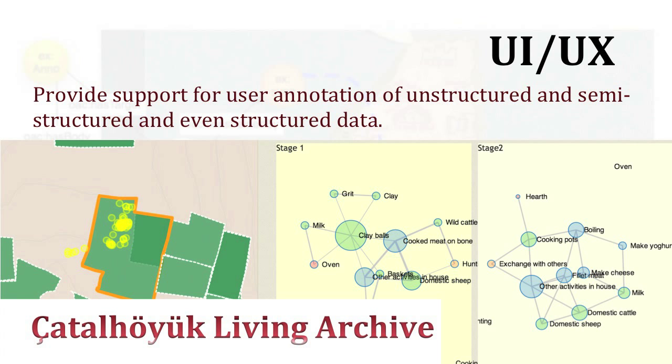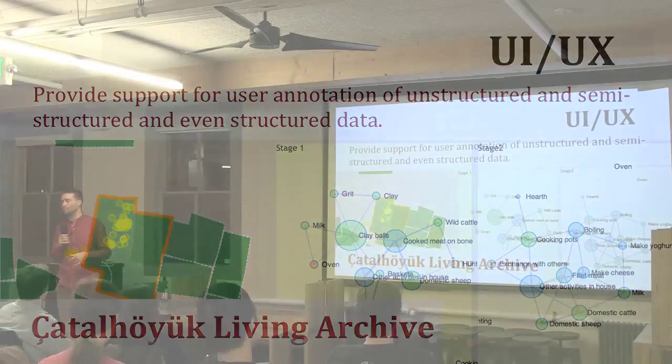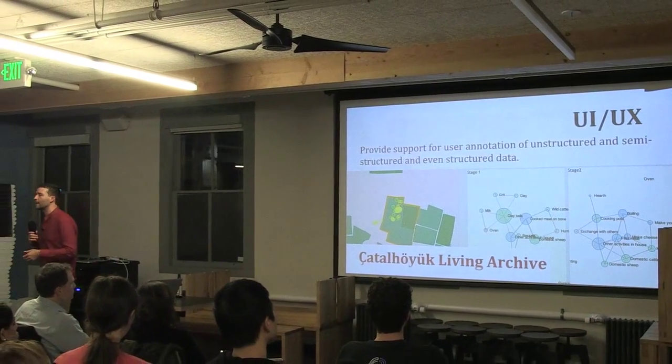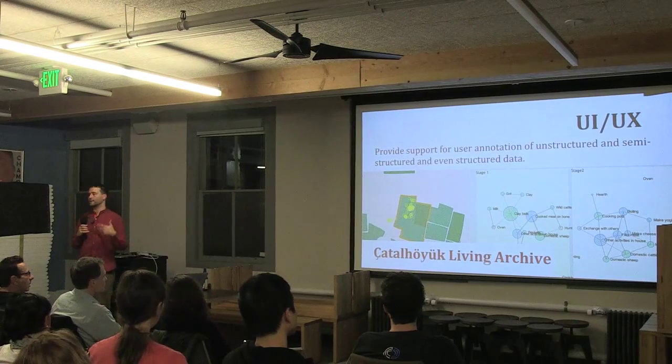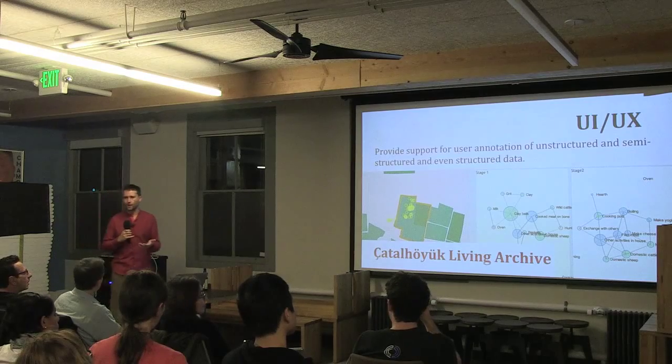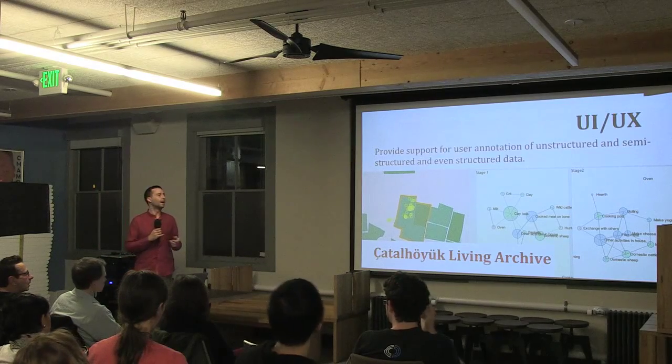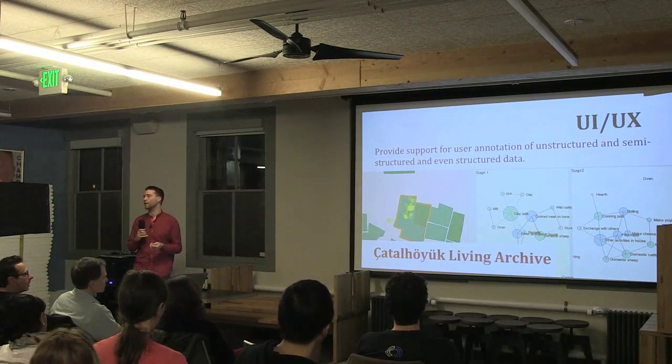So another, I don't have anything that I can show off because this isn't public yet, but one of the things that we're doing down at Stanford now is we're working on the Çatalhöyük Living Archives. Çatalhöyük is a site in Turkey. It's the longest continuously occupied human settlement. And it's also a 25-year archaeological dig.